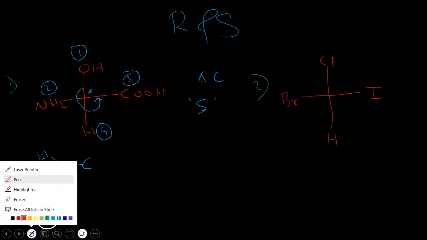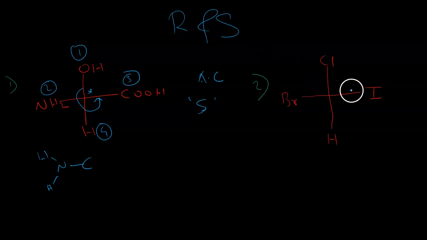Now we will see a second example. In this second example, it is very easy to assign a priority. Iodine will have the first priority as its molecular weight is high, second will be bromine, third will be chlorine, and the fourth one will be hydrogen. When you are rotating the structure, don't consider the fourth group, the least priority group.